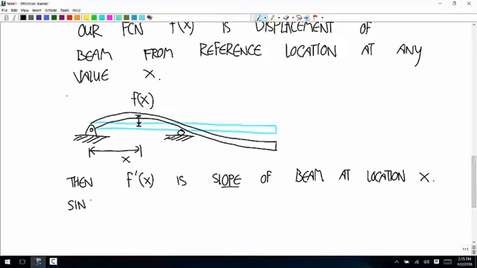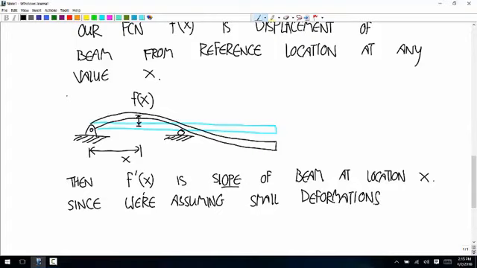And since we're assuming small deformations throughout this whole class, the slope stays close to 0.